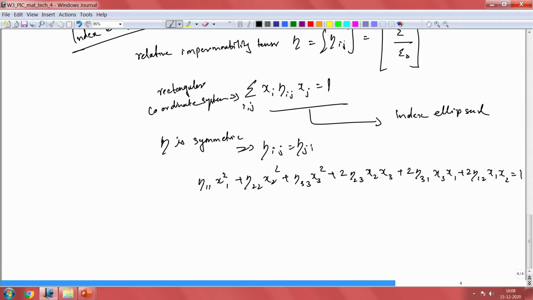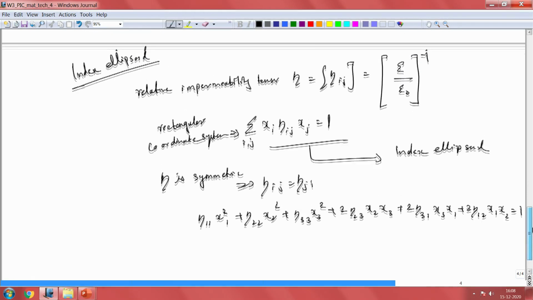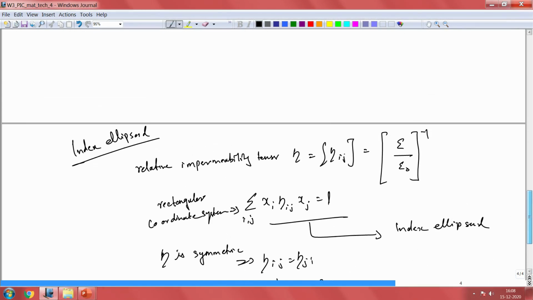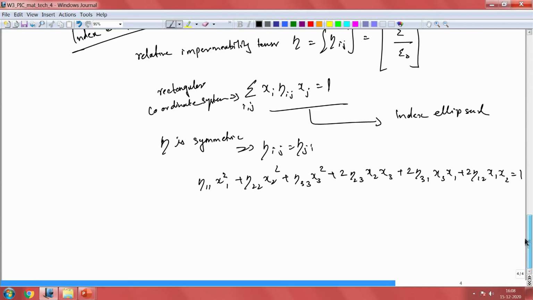So it's invariant, right, when the coordinate system is rotated. So now we can look at our refractive index, how your impermeability is affecting our index of refraction. So this is what you have, which is equal to 1 by n square.